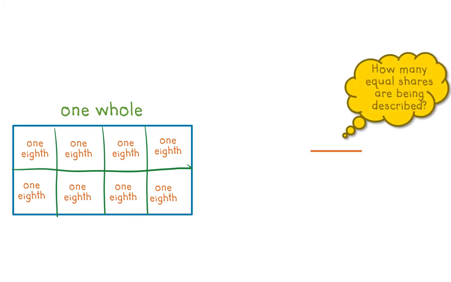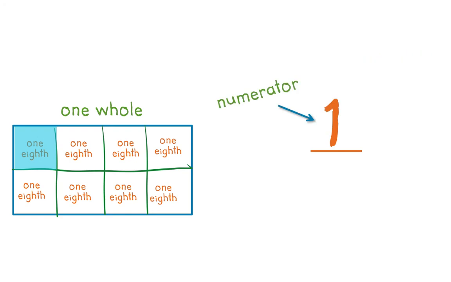Above, how many equal shares are being described? I want to describe one part, so I write one part. 1/8, 1 numerator. And what is my denominator? I will write it down. The denominator means this whole is divided into how many parts? The total parts. Okay? The total parts, if you count them, 1, 2, 3, 4, 5, 6, 7, 8.